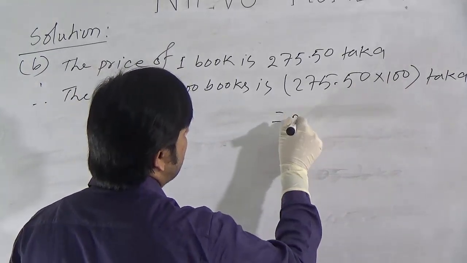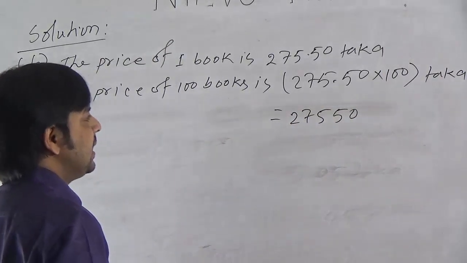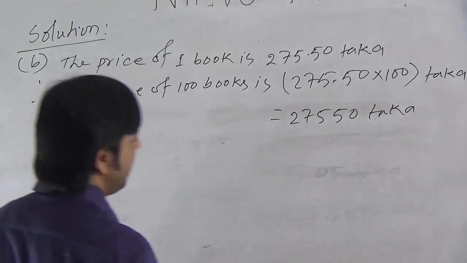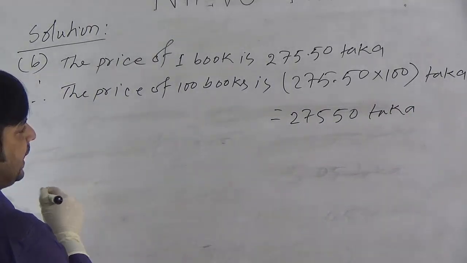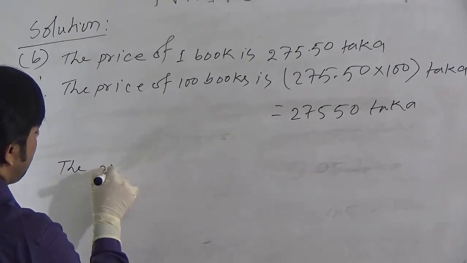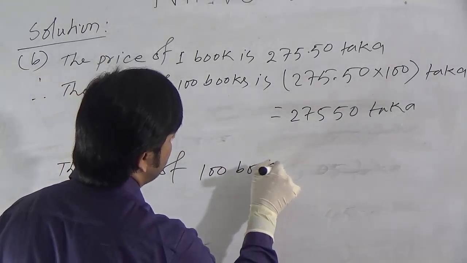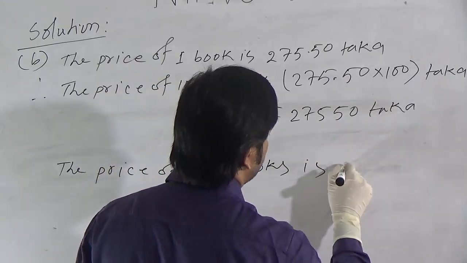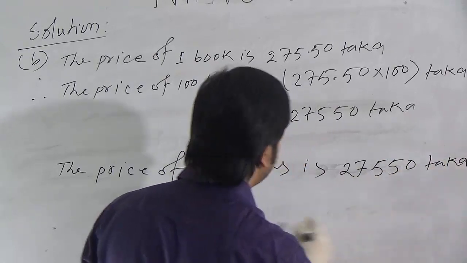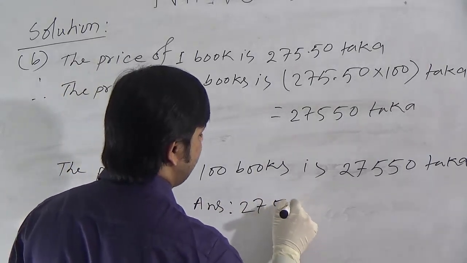So this will be 275 then 50. It means 27,550 taka. Just a simple multiplication. So we can say the price of 100 books is 27,550 taka. So our required answer for B is 27,550 taka.